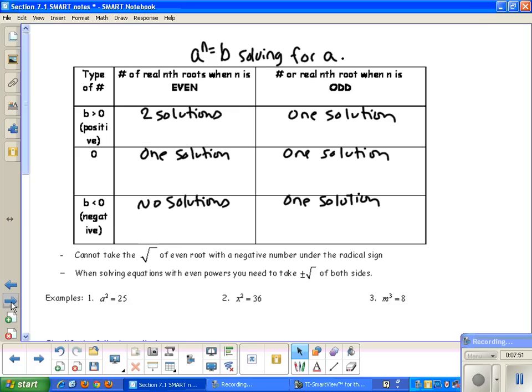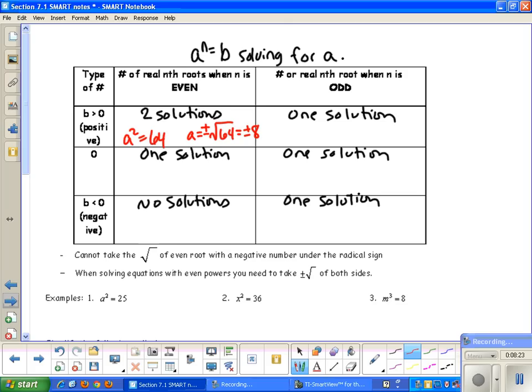So for example, on your page, it says we want to solve a squared equals 64. And we're solving for a. So remember, I want to do the opposite to solve. That means a is going to be equal to the square root of 64. And remember, when we're finding all the roots of this, I can have the plus or minus, so my answer would be equal to plus or minus 8, because 8 squared is 64 and negative 8 squared is 64.